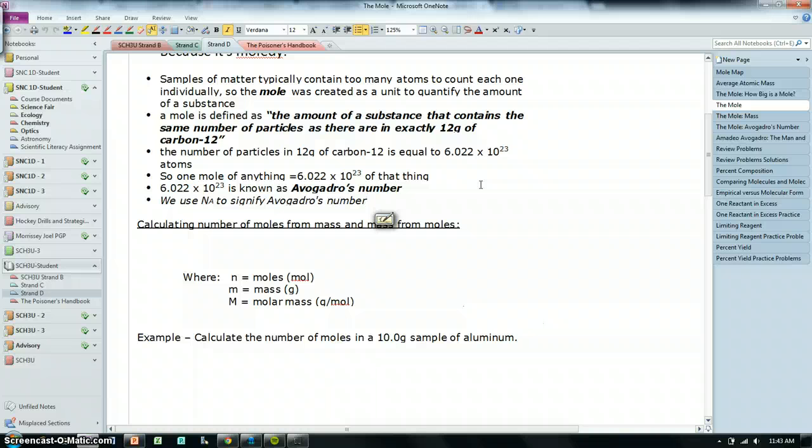And that's called Avogadro's number because Avogadro was the man that discovered this idea of the mole. But when you consider that 12 grams is not a whole lot of carbon-12, and in 12 grams of that you have 6.022 times 10 to the 23 of something, you're dealing with a huge number. That's a lot of atoms. And so we use the mole to simplify that.